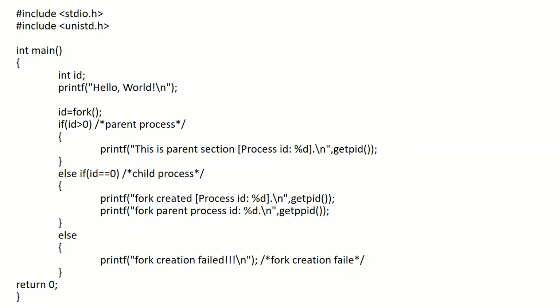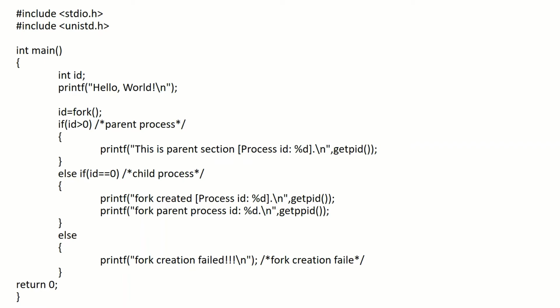For that we write a program in C that returns an integer value. First, initialize the ID as an integer, and when execution starts it prints a hello world message. Then assign the process ID from the fork function, that is, call the fork function to create a process.